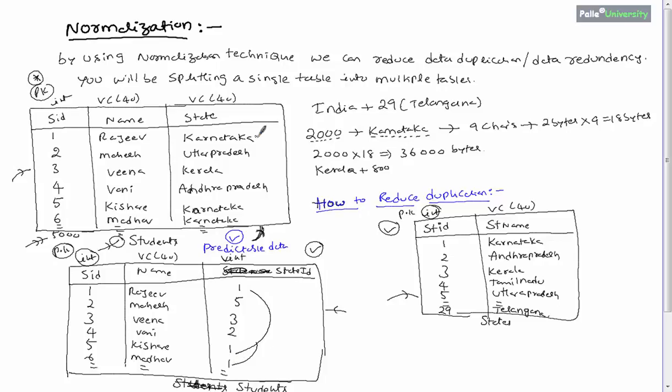But compared to multiple characters duplication, this number duplication is very less. It will occupy very less amount of memory, right? So this will be fine. So this is how you will be normalizing the tables, or in simple words, a single table you will be splitting into multiple tables in order to reduce the duplication or the data redundancy, right?